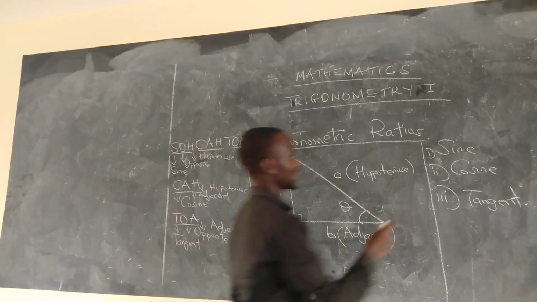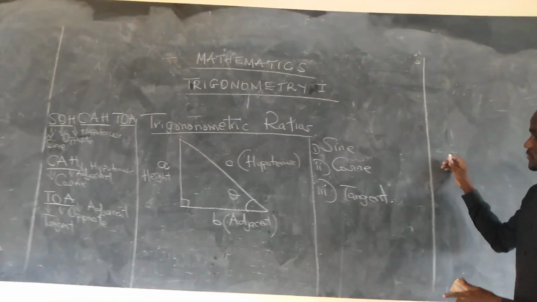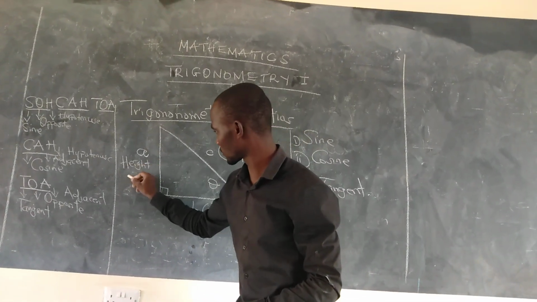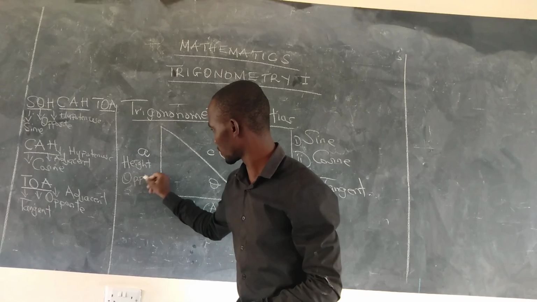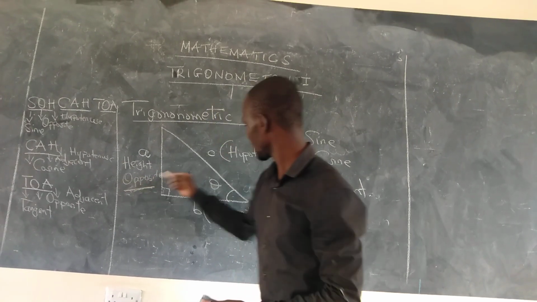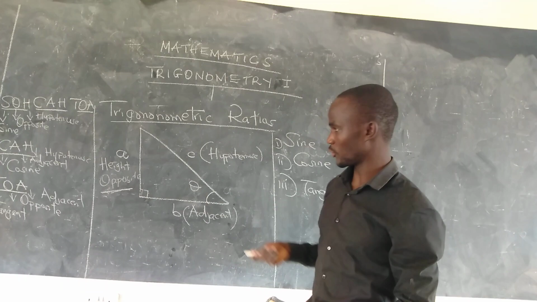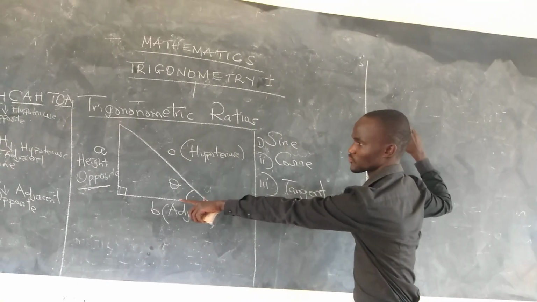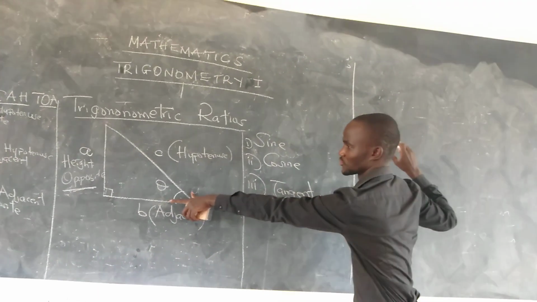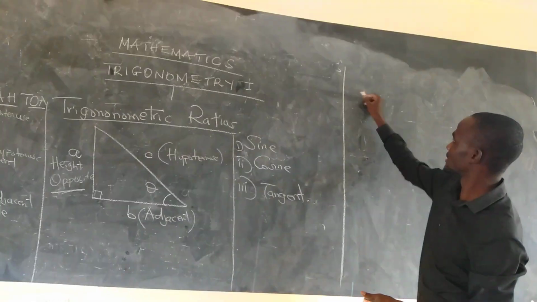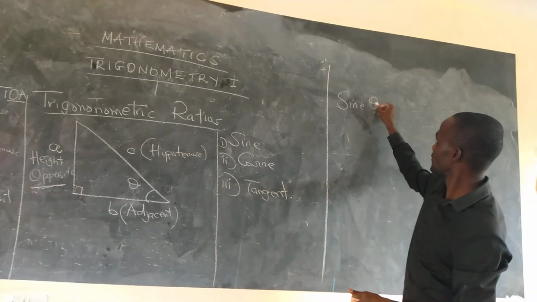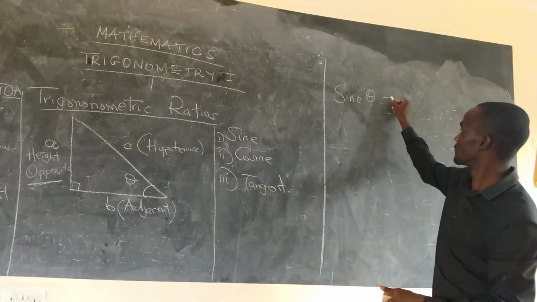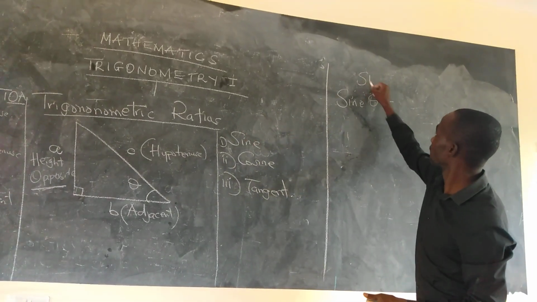And this one, the theta, we can have this one also as the opposite. It is the opposite of this particular angle theta. So, with regard to this triangle that I had drawn here, we are looking at sine theta. Sine theta, the trigonometric ratio will be from our mnemonic, the SOH.